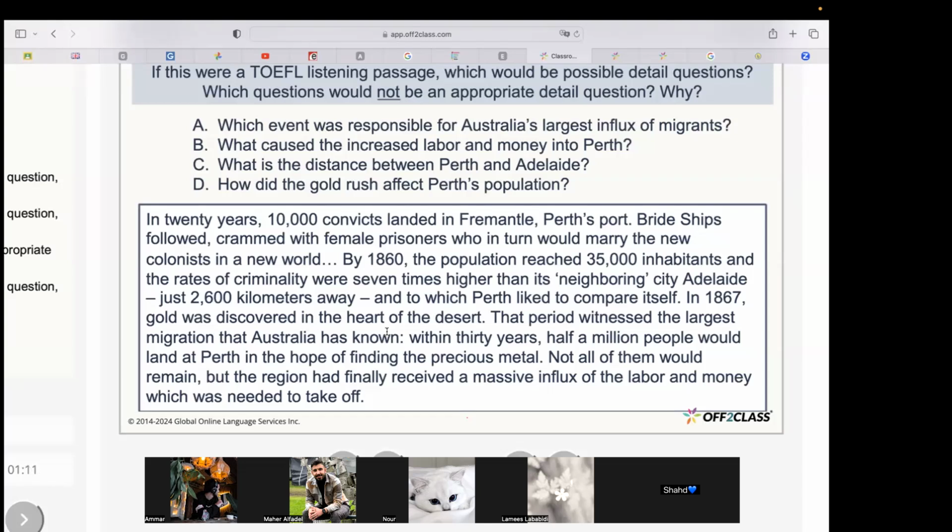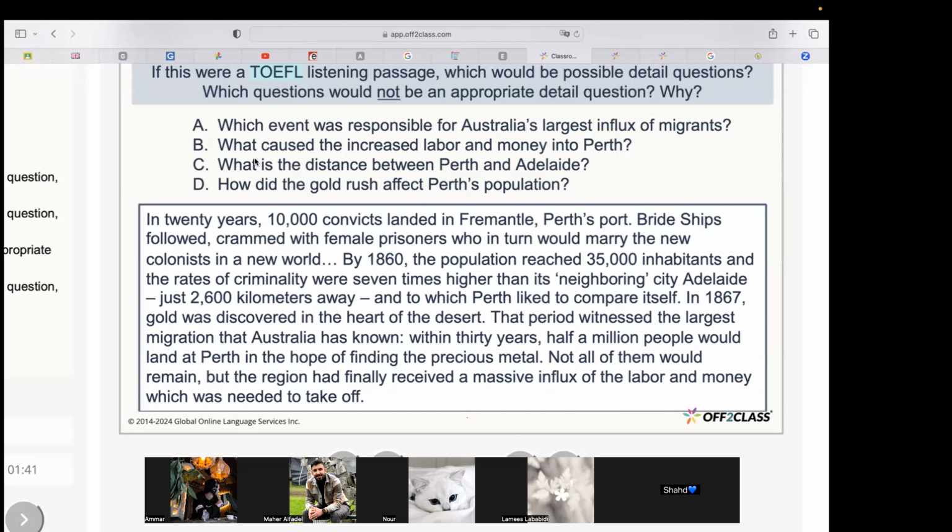By 1860, the population reached 35,000 inhabitants, and the rates of criminality were 7 times higher than in neighboring city Adelaide, just 2,060 kilometers away, and to which Perth liked to compare itself.